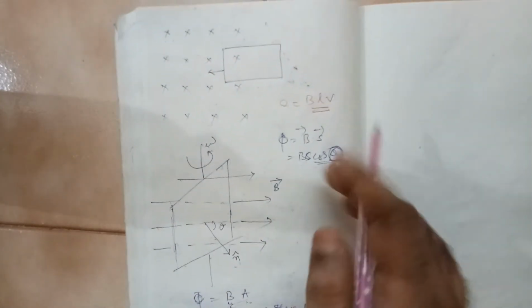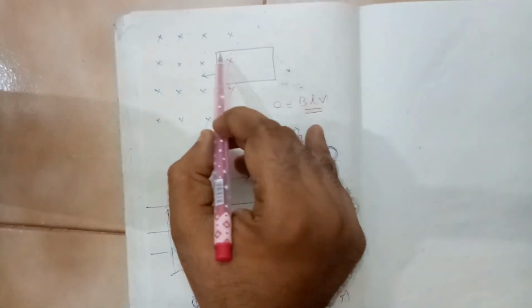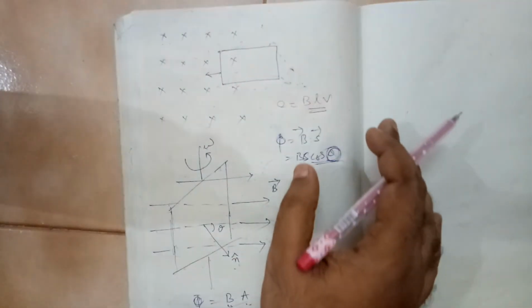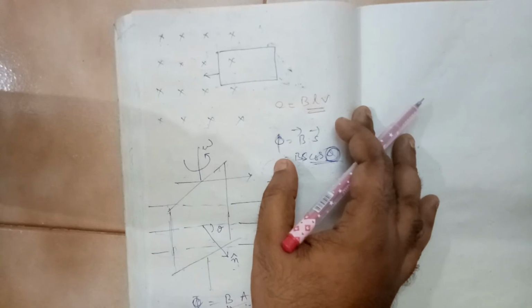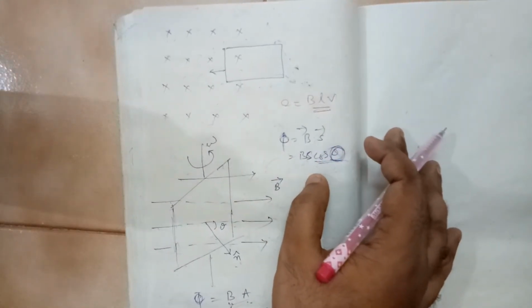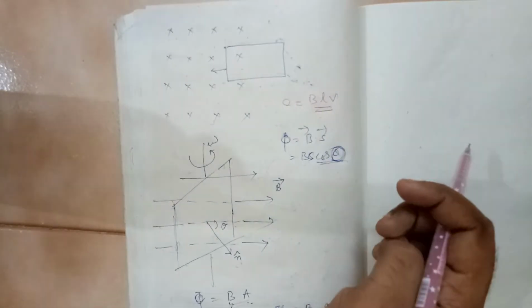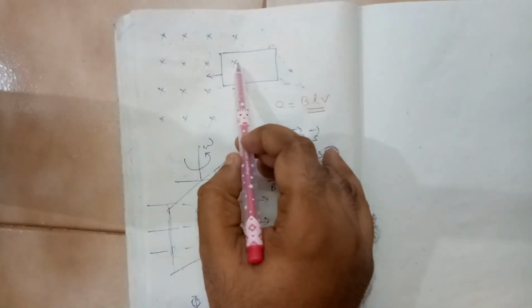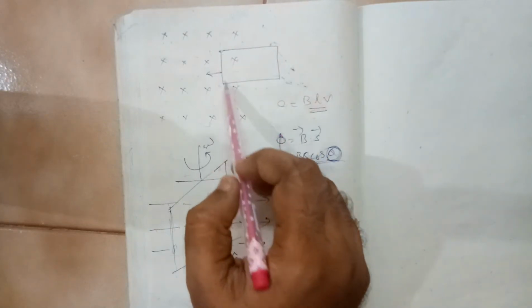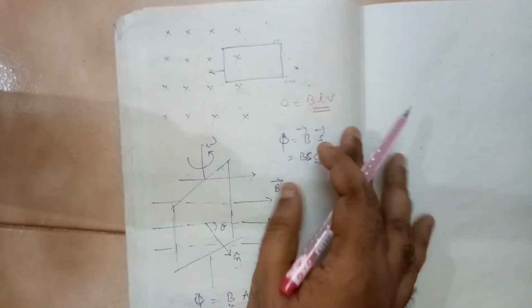So in both these cases we have a frame of reference. If I am saying that this loop is moving in and out of the magnetic field, I can choose a frame of reference, because when you are talking about change in flux, it has to be measured in a laboratory. So this scenario is simple. I can choose a frame of reference and gauge the movement of the loop in and out of the magnetic field.